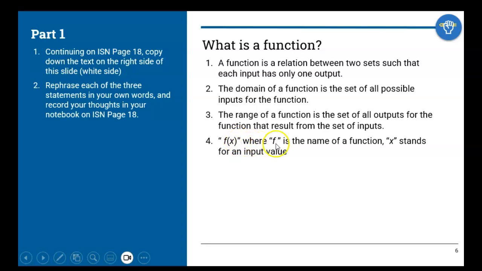For f of x. Okay, because that's what we're going to look at today, f of x. So if f is the name, x is the input, together, f of x is your output value, which is the y, okay? It's the output you get once you put the x into the function. All right, so the goal for today is to look at the distributions as functions, okay?